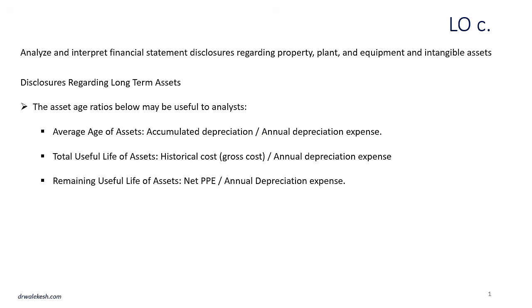In order to remember this formula, I will paint a simple scenario. Imagine at time t equals 0, a non-current asset was purchased for 10 million US dollars and it has a useful life of, let's say, 10 years.